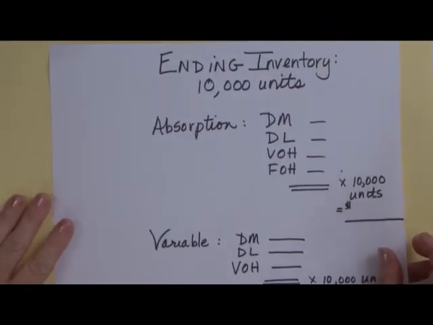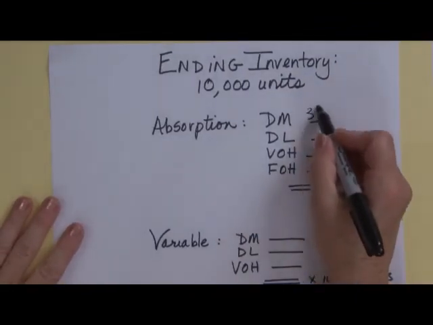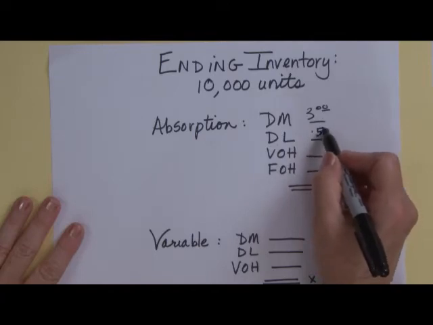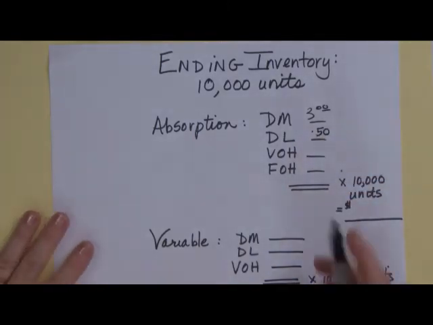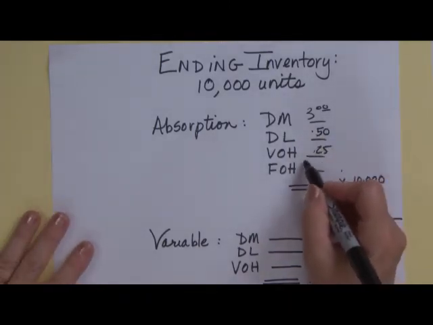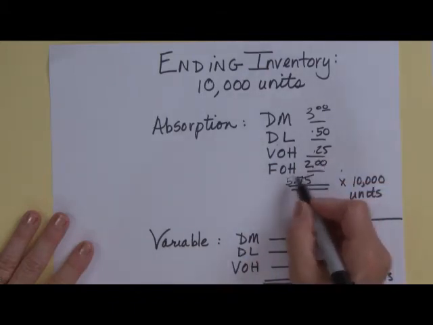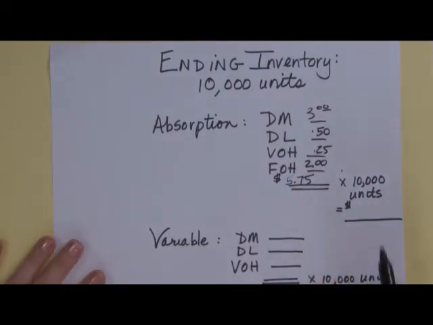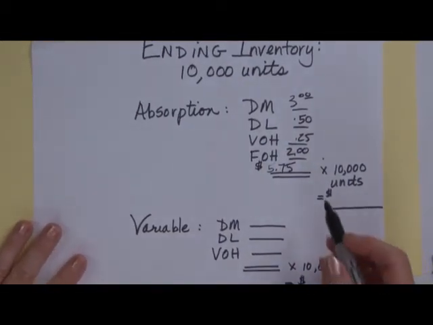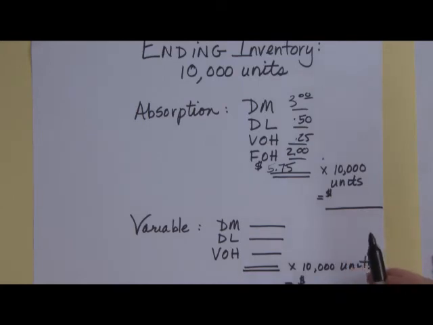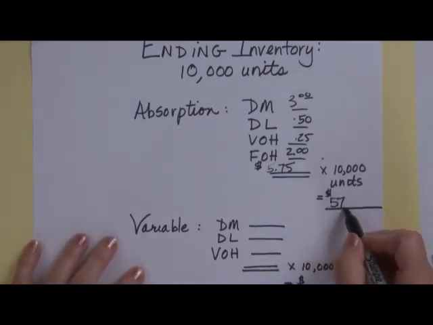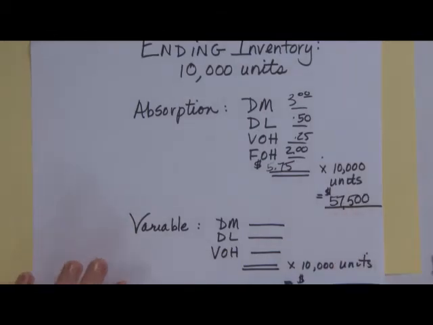Now let's do one final step to explain this ending inventory. Under absorption costing, we had $3 again, we had 50 cents for labor, we had variable overhead of 25 cents and fixed of $2, so $5.75 was our cost per unit. If there are 10,000 units in ending inventory, then the value of the ending inventory would be $57,500.